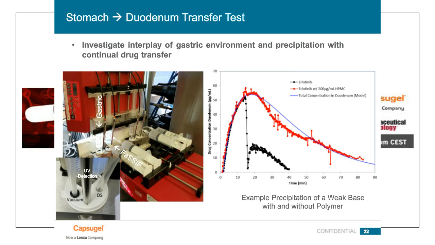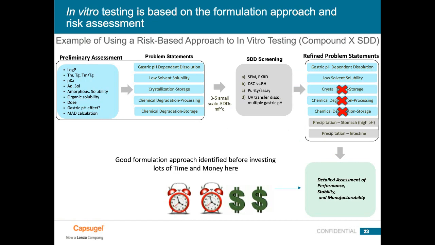So we like to combine all of these tests and many more and use them in a way that we look at as a risk-based formulation approach. Here you can see in the box on the left, we do some initial preliminary assessment, which is based on many of the basic properties of the compound, and we use those properties to identify particular problem statements.